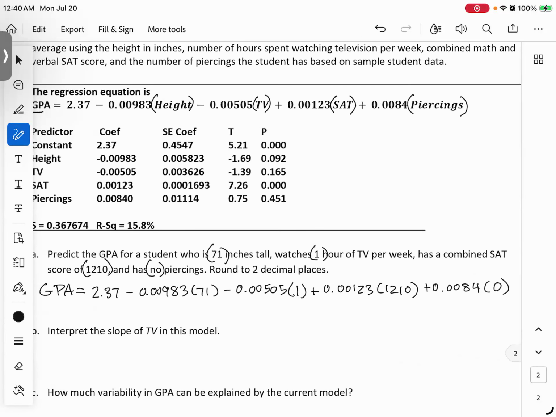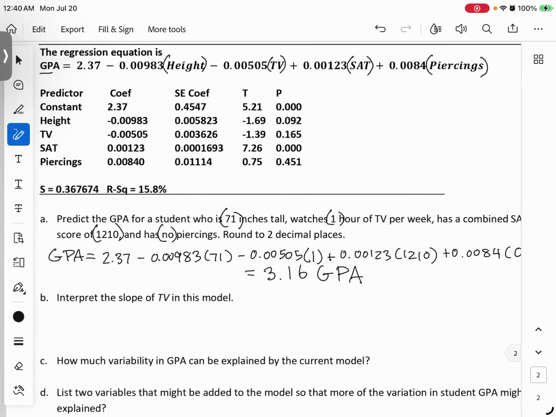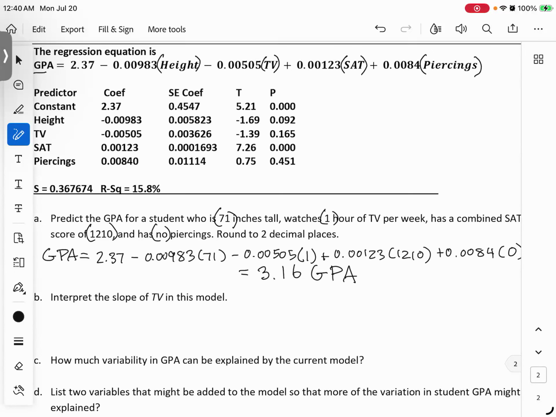So if anything, just take your time when you're plugging in each of these values into the regression equation, and you should get 3.16 GPA if we knew those four values for a particular individual. Yeah, and that's how you use it, right?